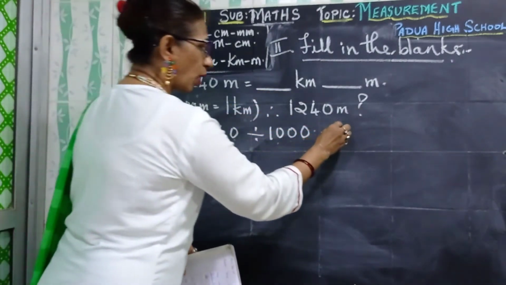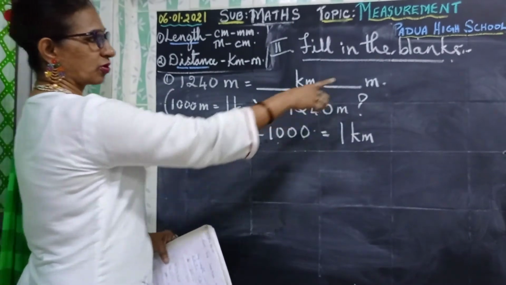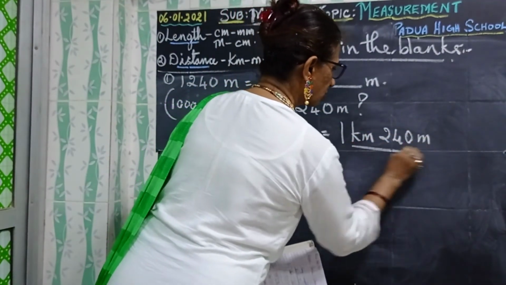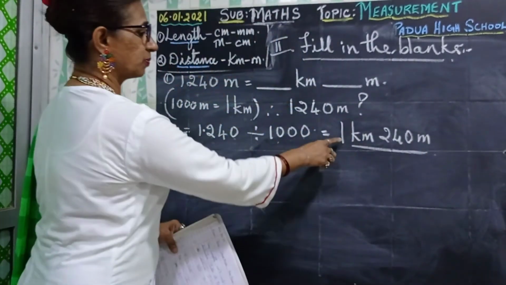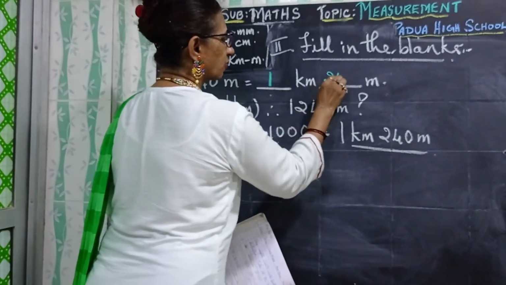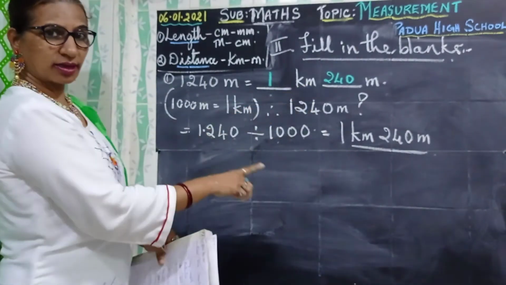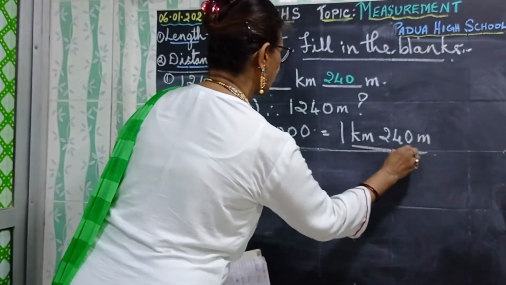It is 1 kilometer and 240 meters. Have you understood, children? So when I write here my answer, it will be 1 kilometer and 240 meters. So I got this. Have you understood? That simple it is. Let us take the second one.